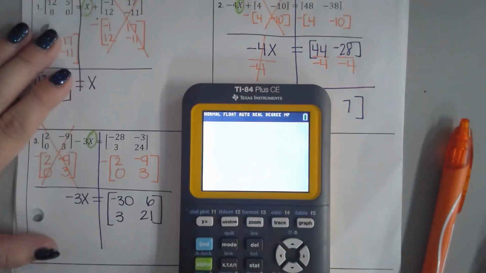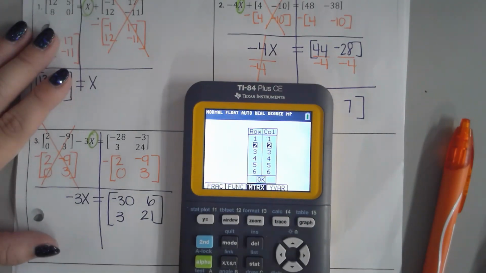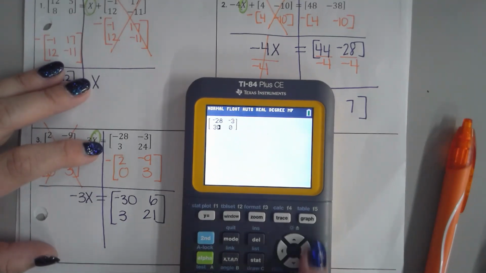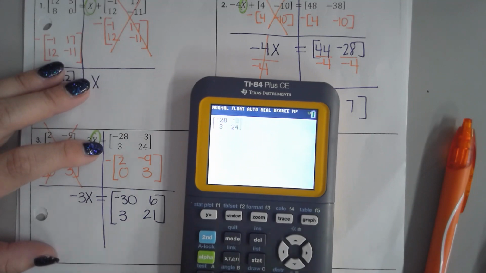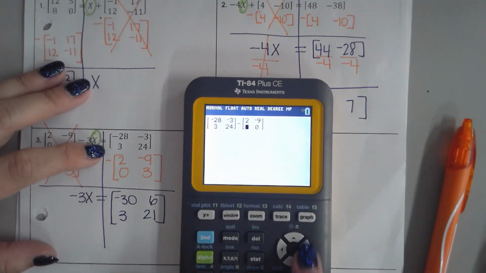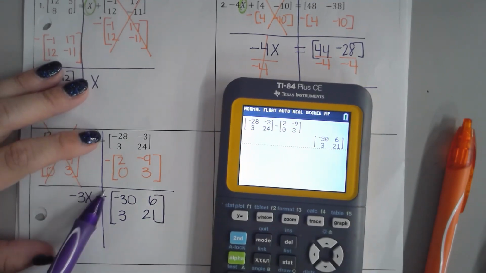You could have done this and typed in the whole 2 by 2, -3, 3, 24 minus. I was just confused because they've done it like that. Yep. Either way works. But I got it.